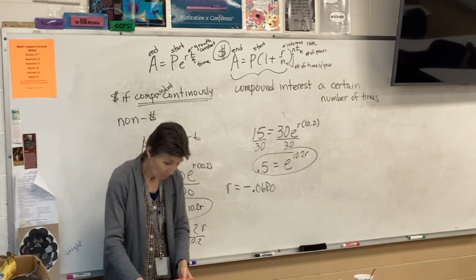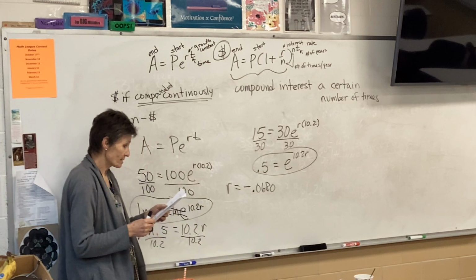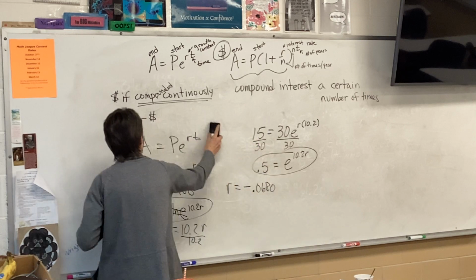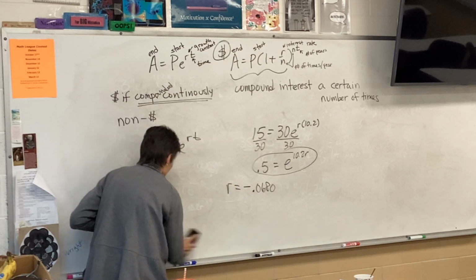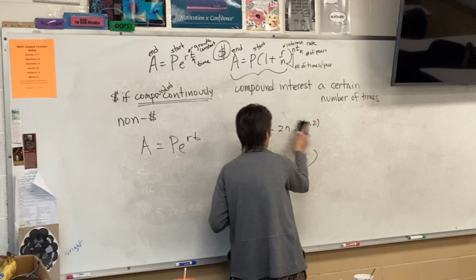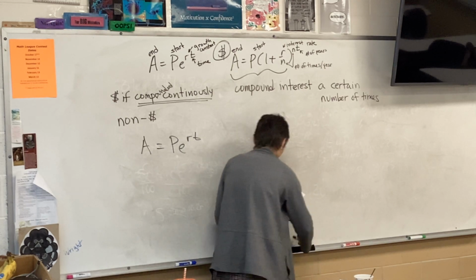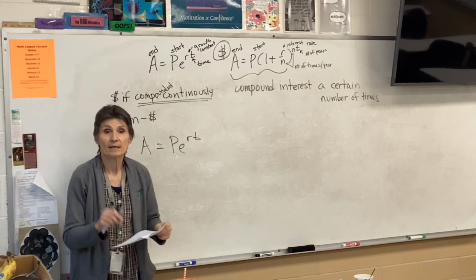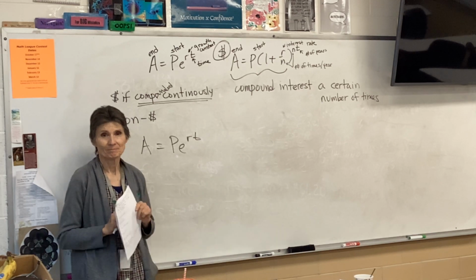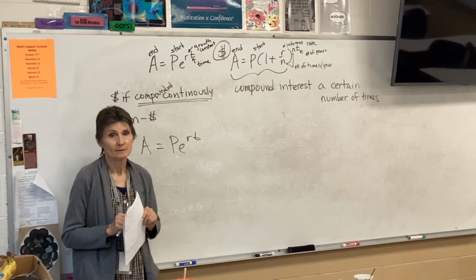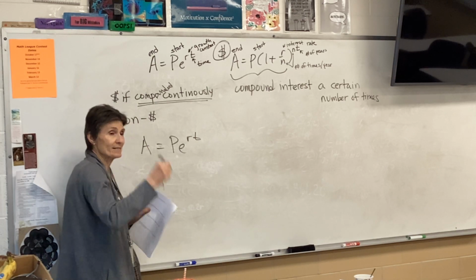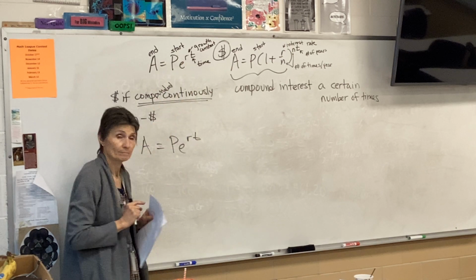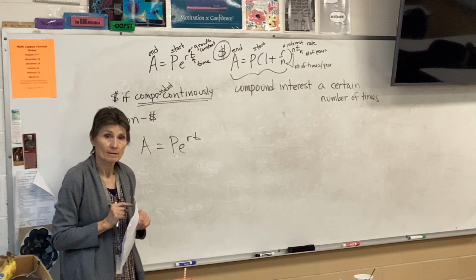Cool. Okay, that was 5. All right, so now we're going to look at 6. How do I know that 6 is also this formula? Because 6 is not money. So anything that's not money is going to be this formula. Okay?